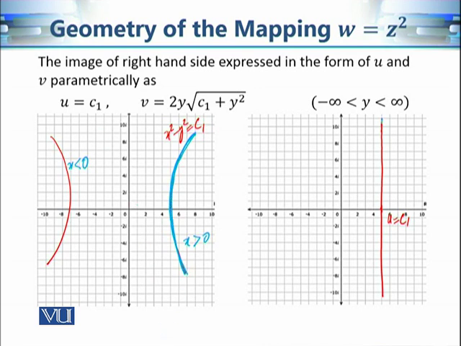This blue portion is mapped onto this line, and we can see that if y is negative then v is negative, and when y increases to positive values, then v again becomes positive. In other words, if we travel on this portion of the hyperbola from bottom to top, then we will be traveling from bottom to top on this vertical line.